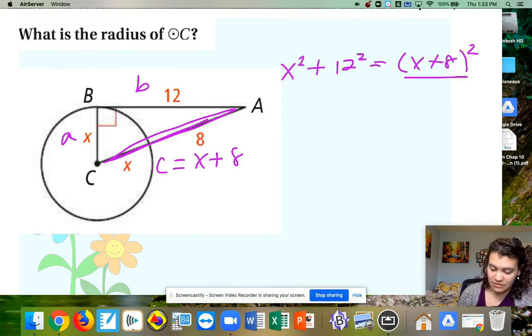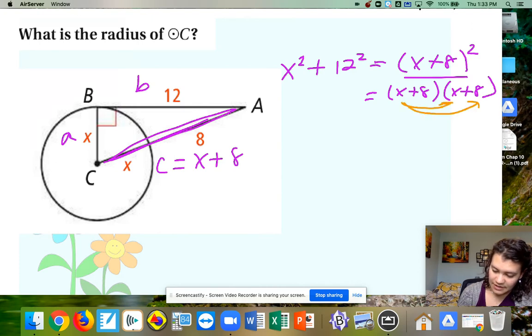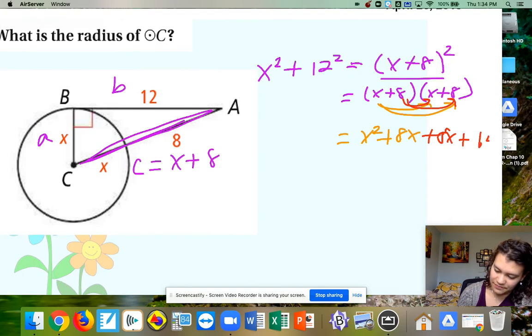So you want to rewrite this as x plus 8 times x plus 8. And then you have to FOIL. So I want to take x times x and then x times 8 to get x squared plus 8x. And then you're going to take 8 times x and 8 times 8 to get 8x plus 64.